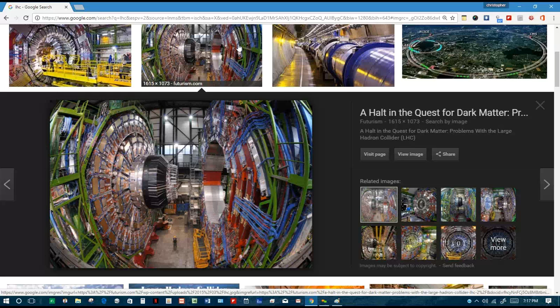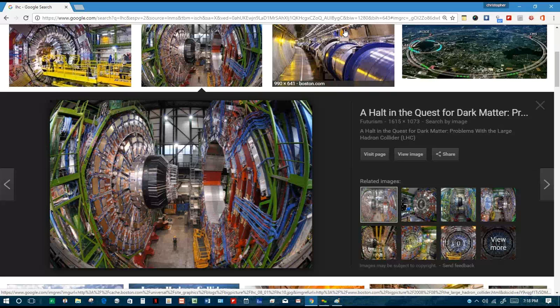So my point is, it's a supersonic particle accelerator. Yeah, it's a particle accelerator. You got it. It's called CERN. The facility is CERN, and that actual experiment is called LHC, Large Hadron Collider.